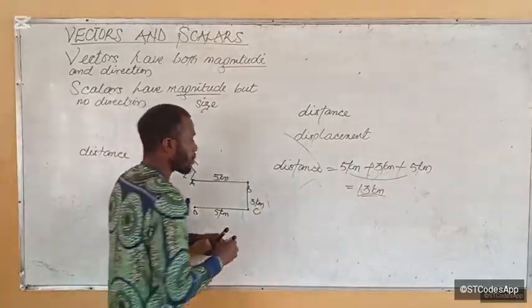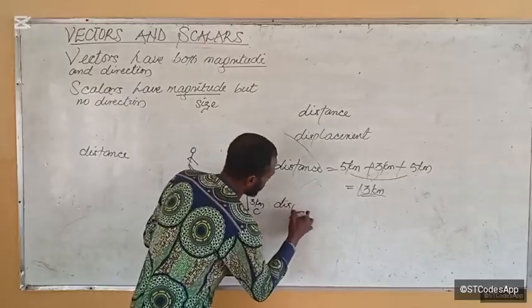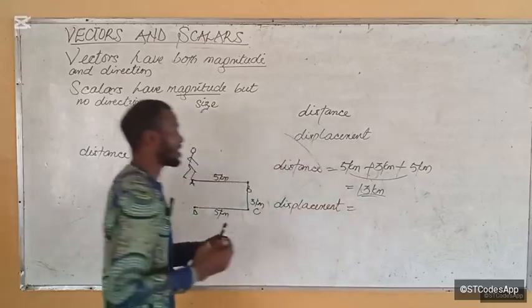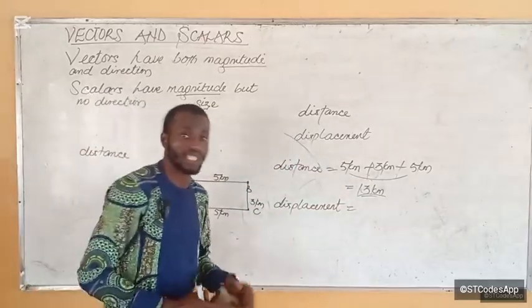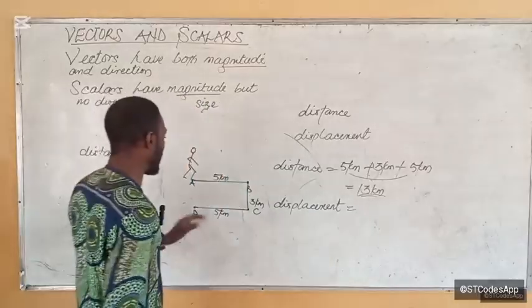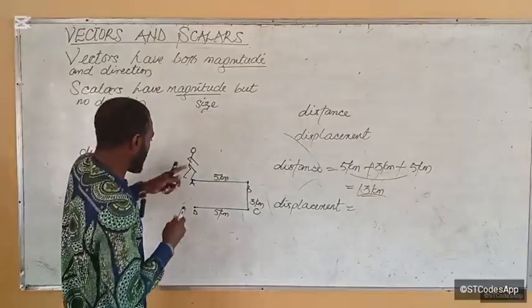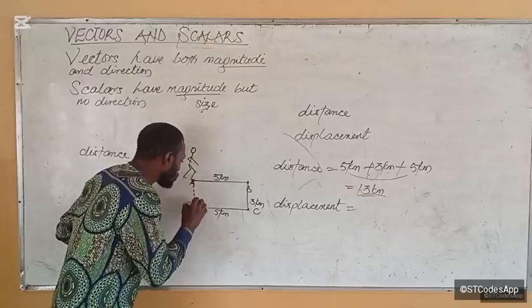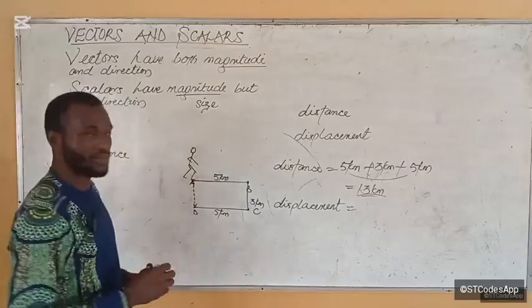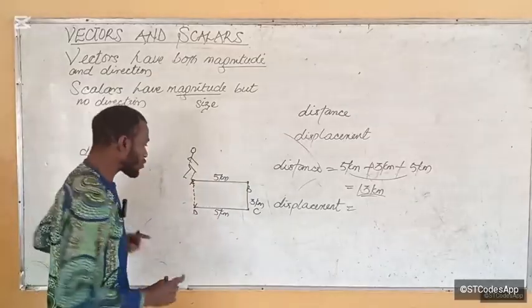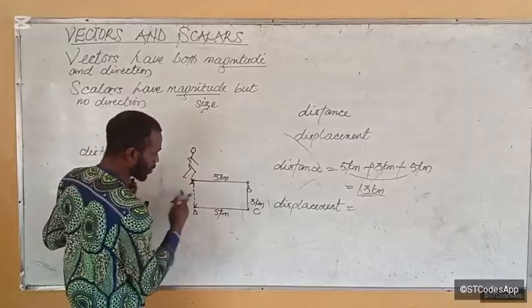But what about the displacement of the body? Like I told you, displacement is the shortest distance away from the starting point, and in direction also. If you look, position D is exactly below position A. It forms a rectangle, so this side is equal to this side.